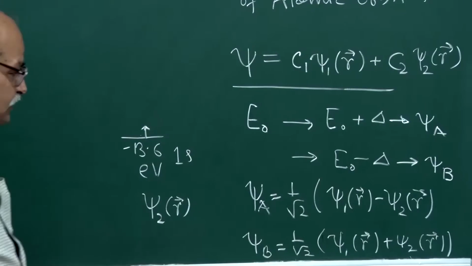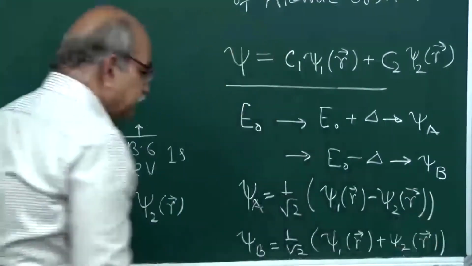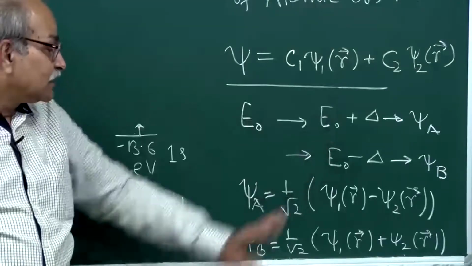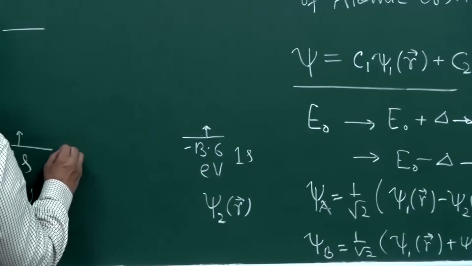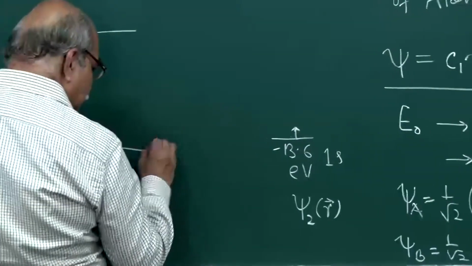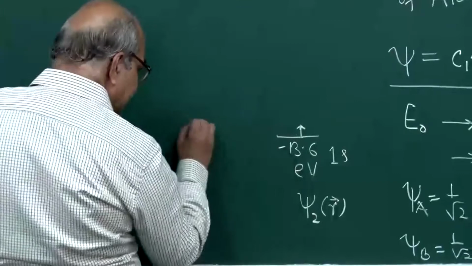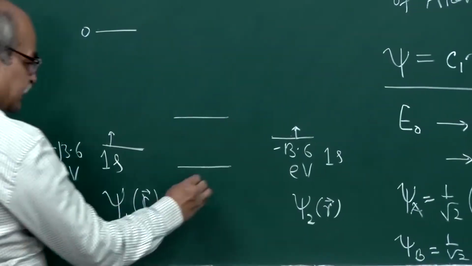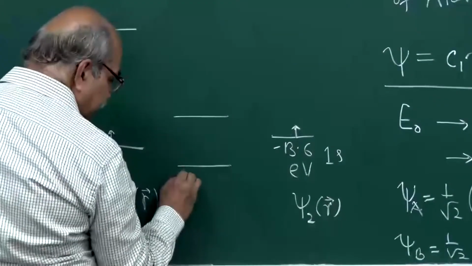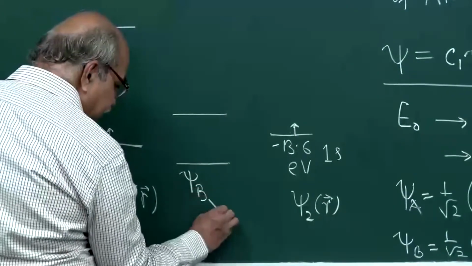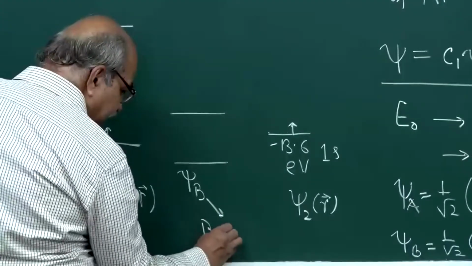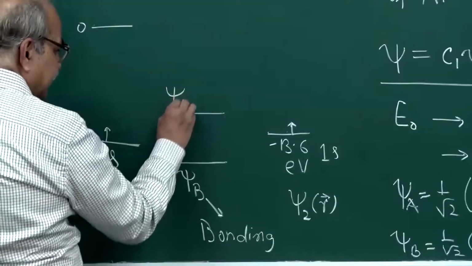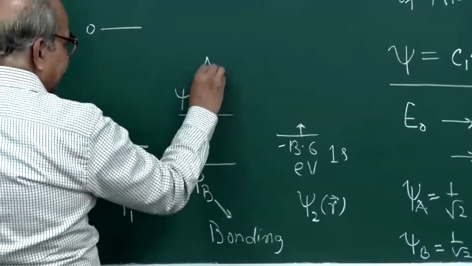So this kind of combination gives you definite energies, and those definite energies are one up and one down. So here if you plot in this diagram, one energy goes up. This was identical energy, then one energy goes up, one energy goes down. This is that psi B, and I have written B for bonding. And for this the wave function is psi A, and this A is for anti-bonding.